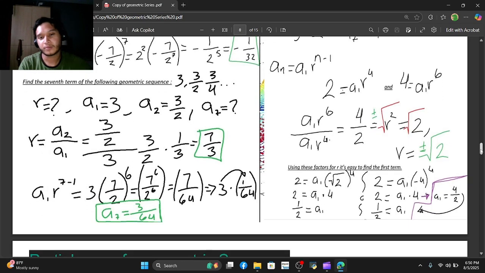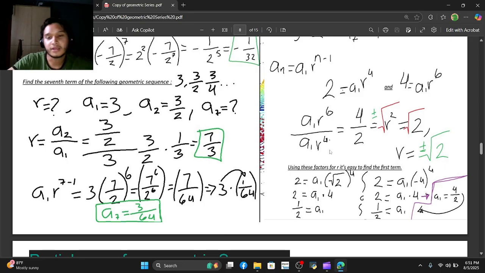Now we can divide these two terms of the sequences. As you can see, this first term we simplify, we get rid of the a, and the ratio will be r squared.